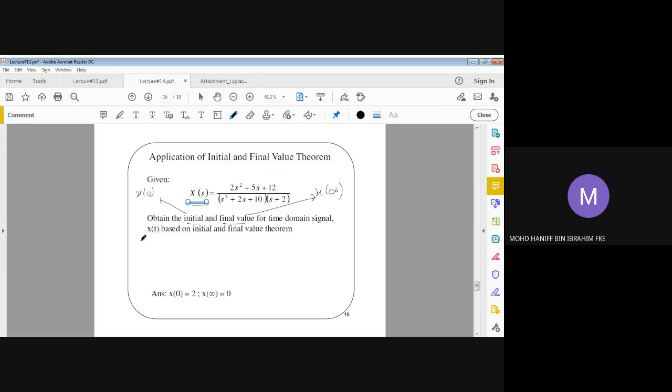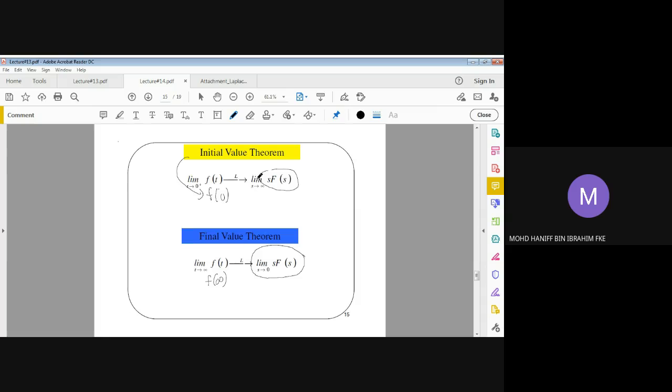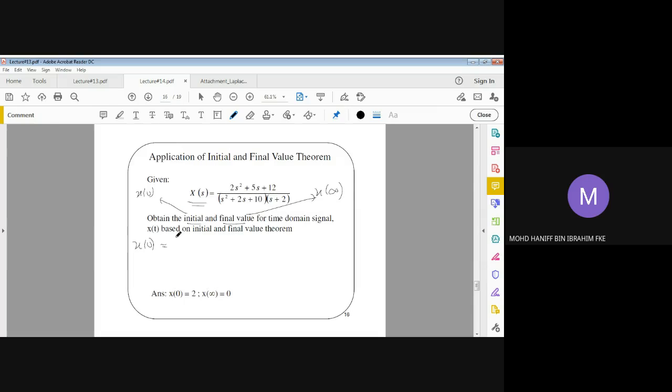Based on this, to find x0, we can use the initial value theorem, if we refer to the previous slide. The initial value theorem states that we can find x0 by putting the limit of s approaching infinity of s X(s). So X(s) is here, which is 2s squared plus 5s plus 12 divided by (s squared plus 2s plus 10)(s plus 2).